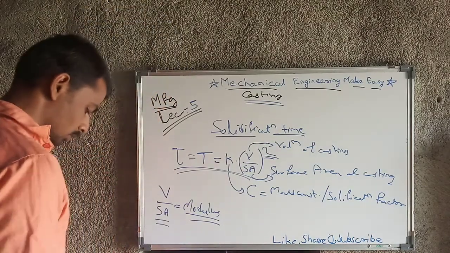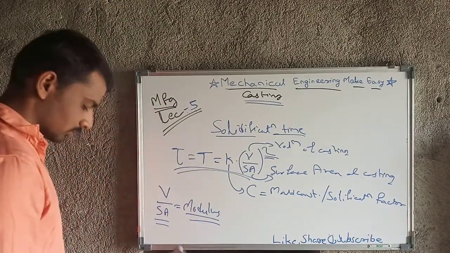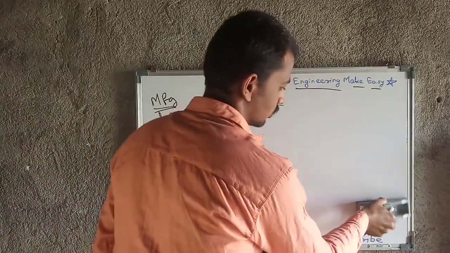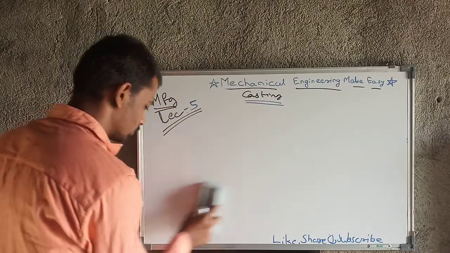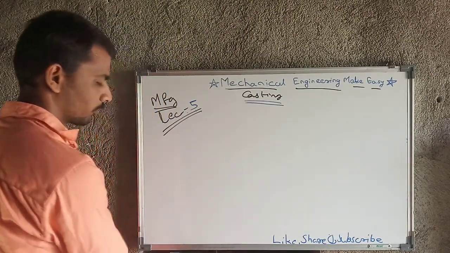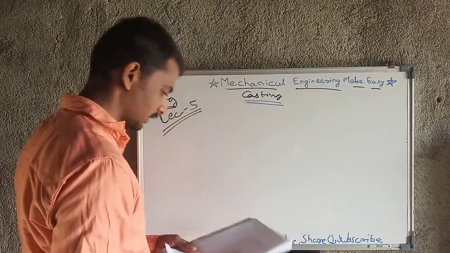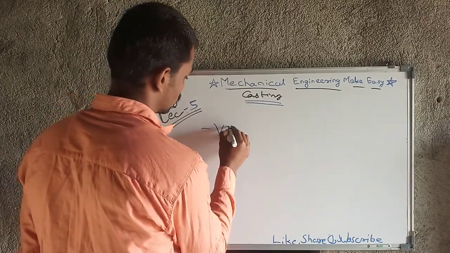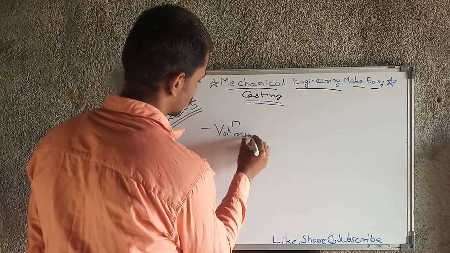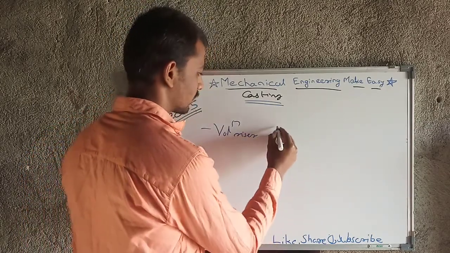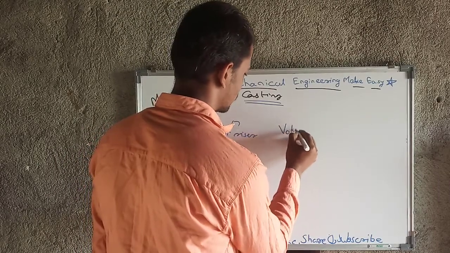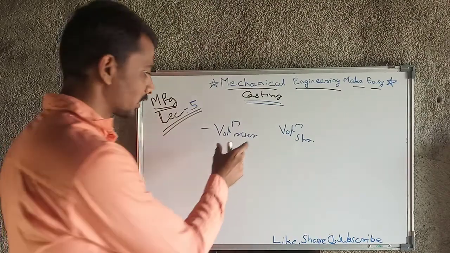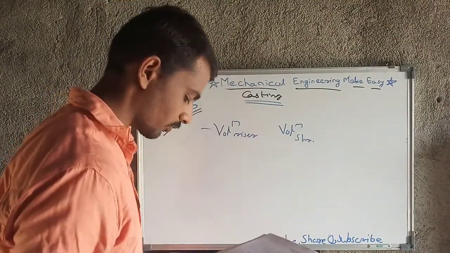Now we will move towards taking into consideration the riser, the allowance for shrinkage, etc. The first term in that is volume of riser, and the relation between volume of riser and shrinkage volume of casting.